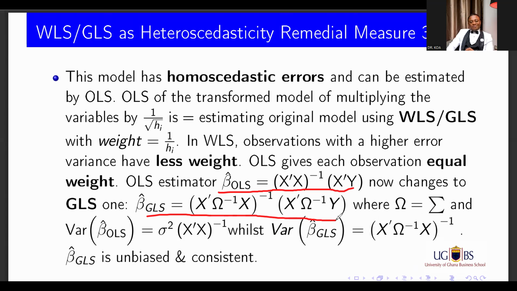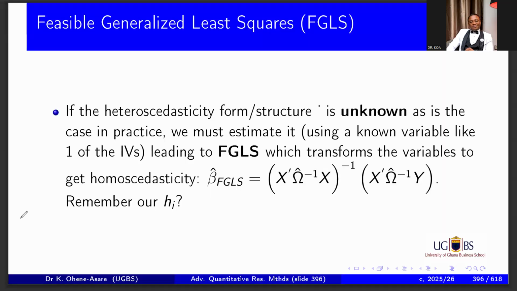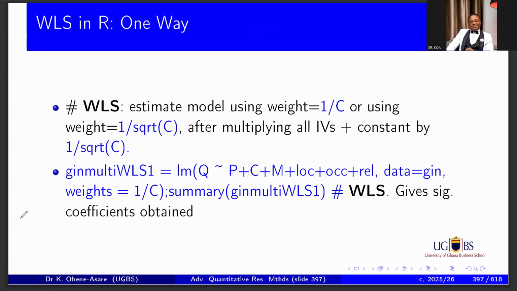That one is unbiased and consistent, unlike the OLS, which has issues of bias and inconsistency. So you can do the WLS or you can do the GLS. The advanced form of the GLS is the feasible GLS. If the structure of the model is known, then you use a feasible GLS. If not, you use weighted least squares or WLS.